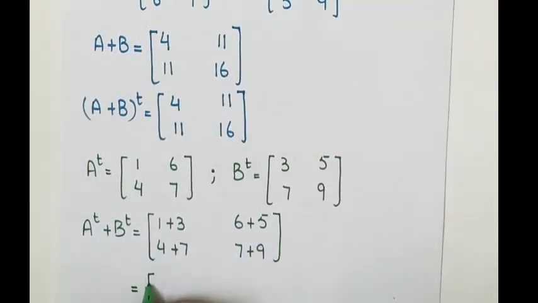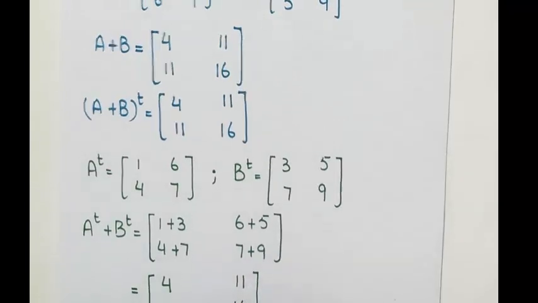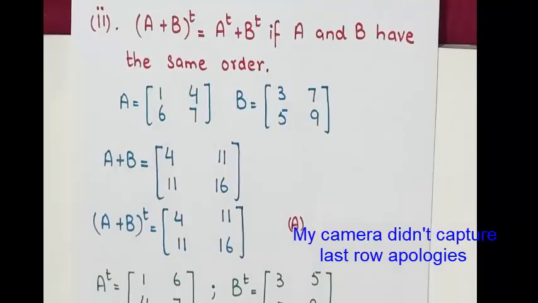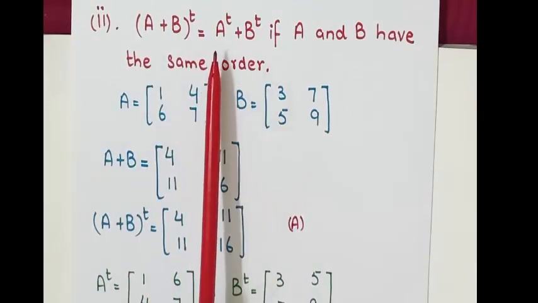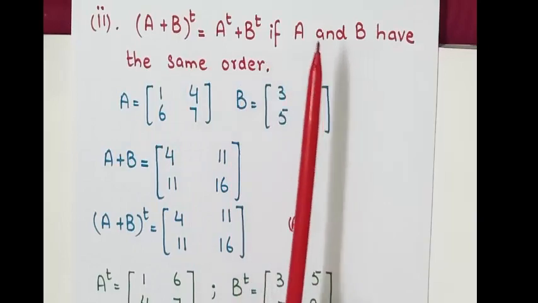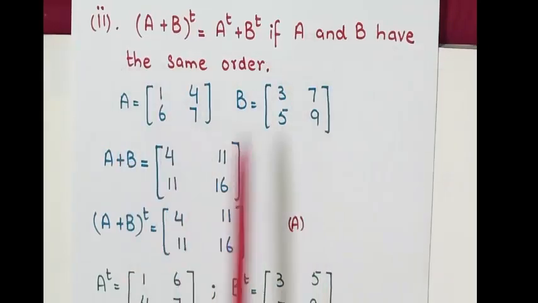So this is equals to 1 plus 3 is 4, 6 plus 5 is 11, 4 plus 7 is 11, and 9 plus 7 is 16. Right? This means the above result is proved that A plus B whole transpose is equals to A transpose plus B transpose if A and B have the same order.